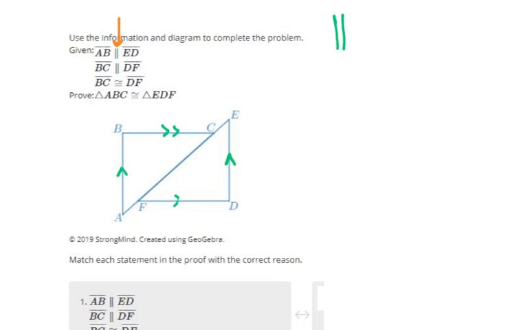And if you're ever taking a test, which I don't know if it's going to be like that on the SAT or anything, but if it is, then you'll be like, I know that. Okay, and then we have that BC is congruent to DF. So I'm going to go line and line. Got it? You can do the tick marks if they are the same length.